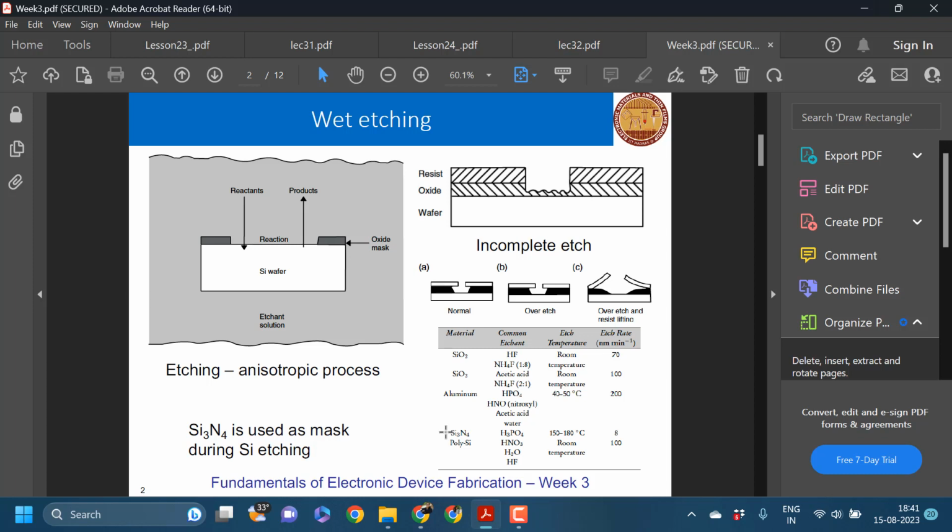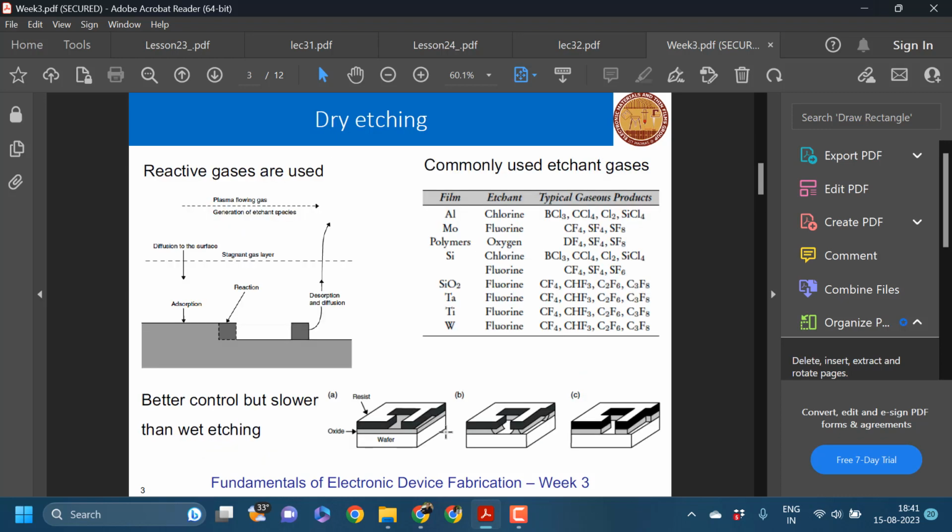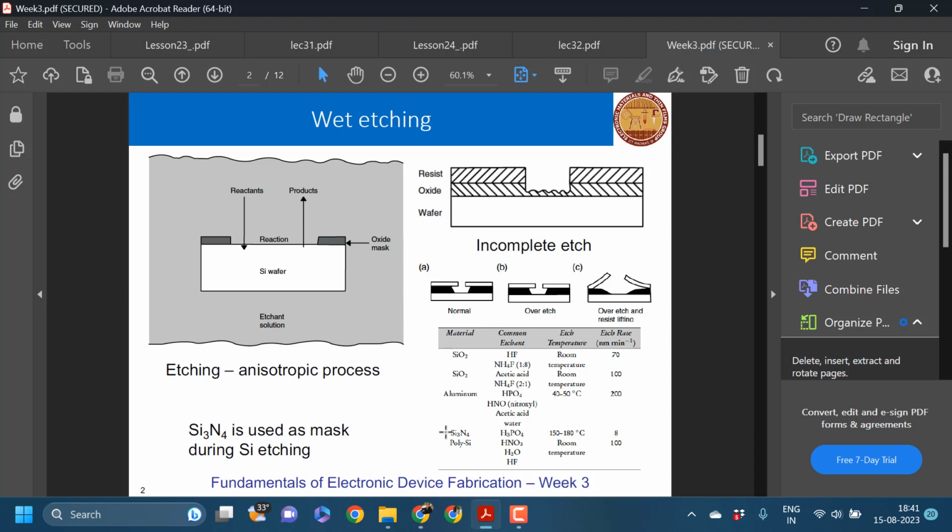Yeah, usually it will be isotropic. It can be anisotropic or isotropic, but in most cases it will be isotropic. Whenever isotropic etching takes place, curved sidewalls will be formed. It is difficult to create intricate structures, and in the case of dry etching, there is no such limitation.